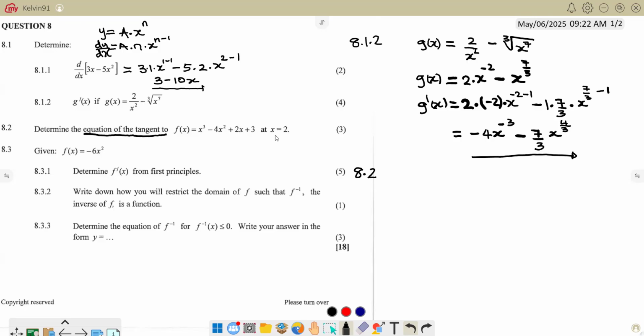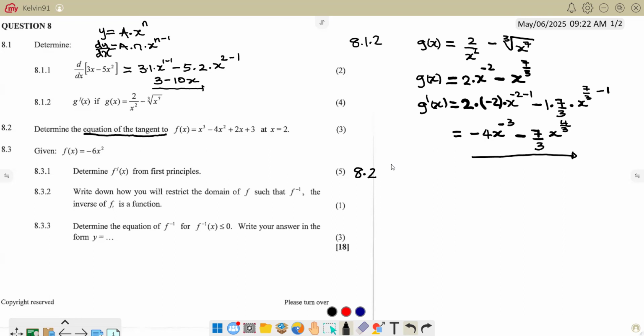So a point, to get the point, we are only given the x coordinate. So it means we have to determine the y coordinate by substituting the x coordinate in the function so that we get the corresponding y coordinate. So using our f(x), which is given here, we can get the y coordinate by substituting a 2.